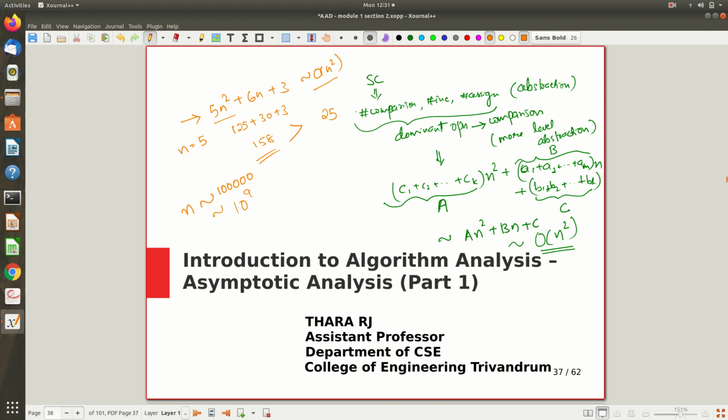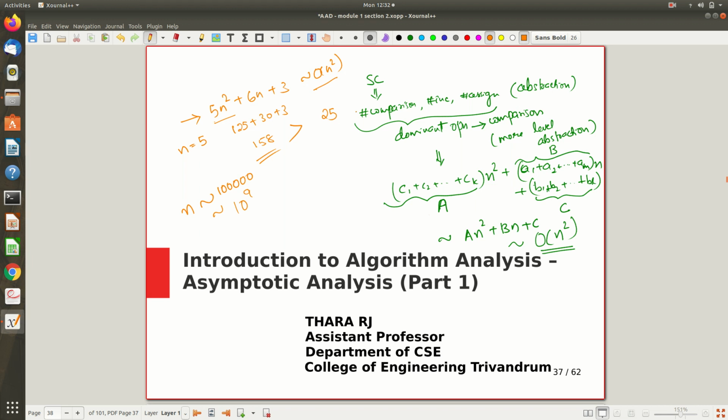Whatever the value of n, that 6n will be only 6 times n, but here you are getting its square, so that will be a very big number. Assume a very large value of n: the bigger your n, the bigger n square will be compared to n, and at that time the effect of that 6n you can ignore. Similarly, the constant 3 also you can ignore, and that constant coefficient 5 also you can ignore.